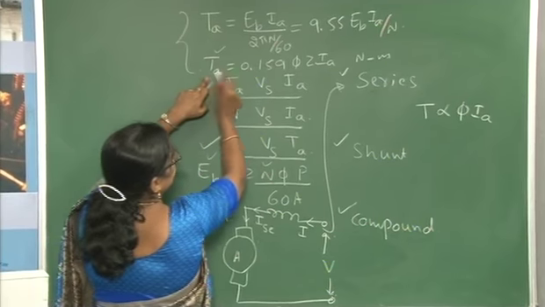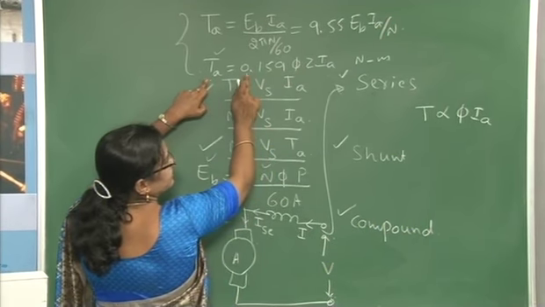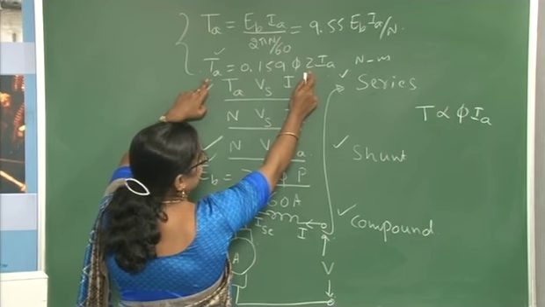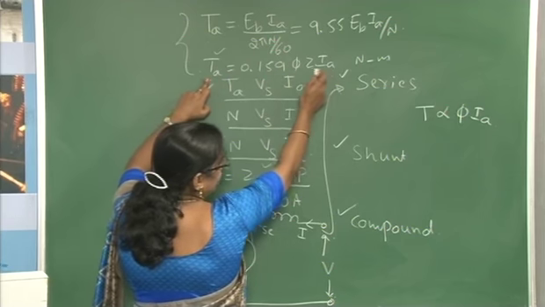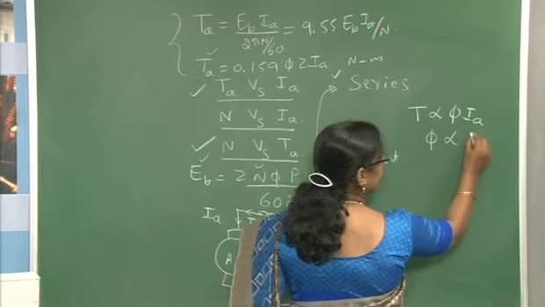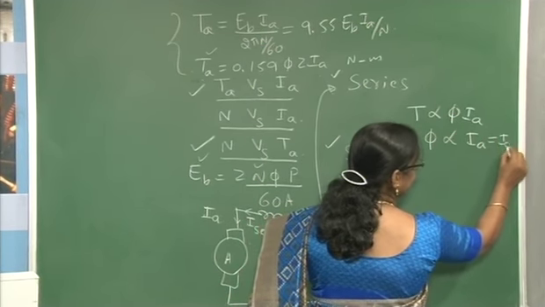That is why TA is directly proportional to phi into IA. The remaining things are constant: the 0.159 is constant and the number of conductors is constant. So TA is directly proportional to phi IA, and phi is also directly proportional to IA because IA is equal to ISC.